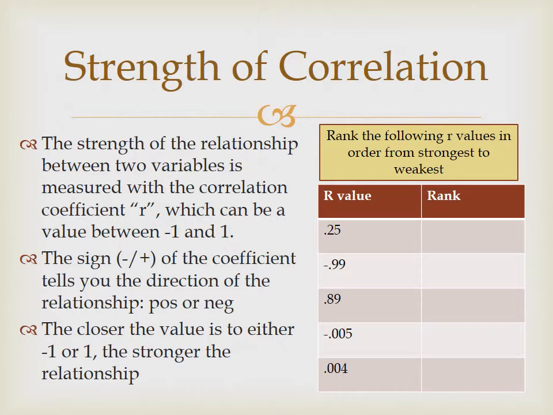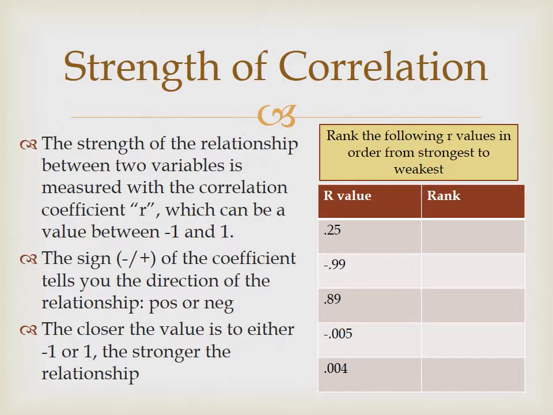And so you'll see in your textbook that it refers to the R value. The R value is just measuring the correlation, and you will find that it is always a value between -1 and 1. If you see an R value of 5, something's wrong. That can't be. If the correlation coefficient is calculated correctly, R will always be a value between -1 and 1.